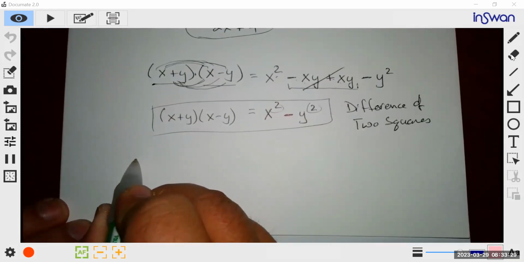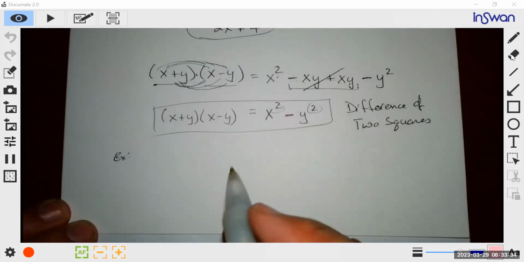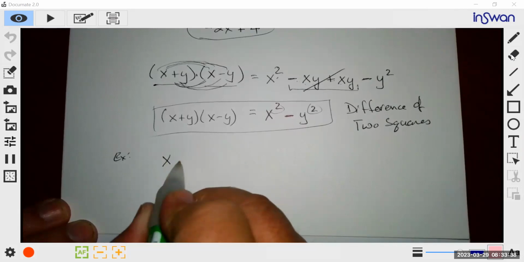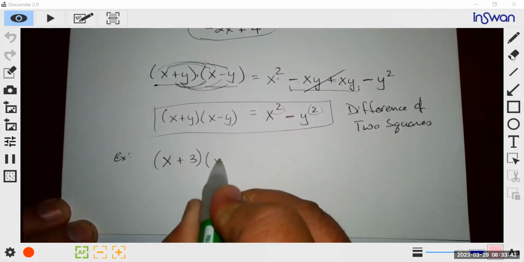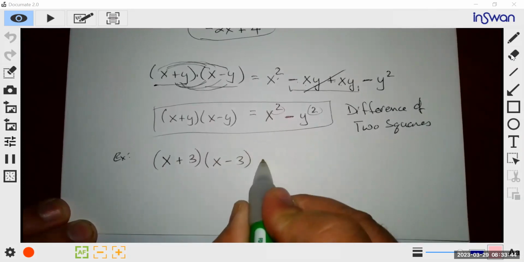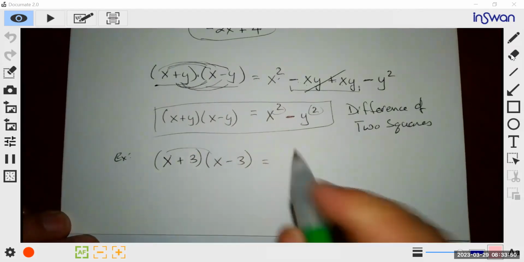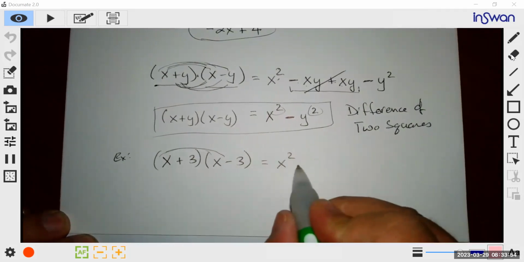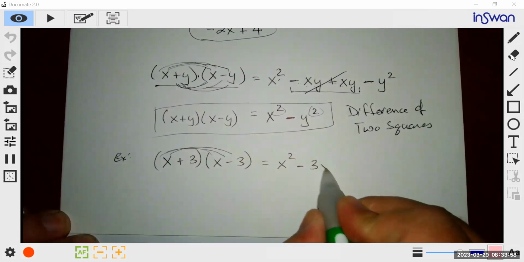So let's look at this. Here's an example. X plus 3, x minus 3. X times X is X squared. Positive times negative is negative. X times 3 is 3X.